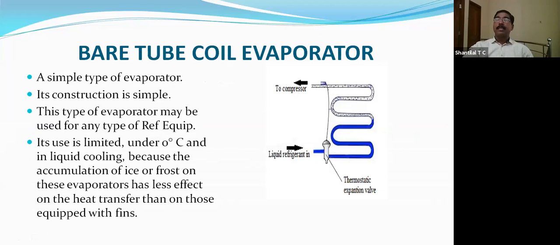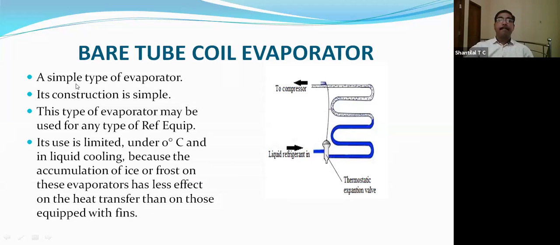And the outlet is connected to the suction line. Its use is limited to under 0 degrees centigrade and in liquid cooling, because accumulation of ice or frost on this evaporator has less effect on the heat transfer than on those equipped with fins.